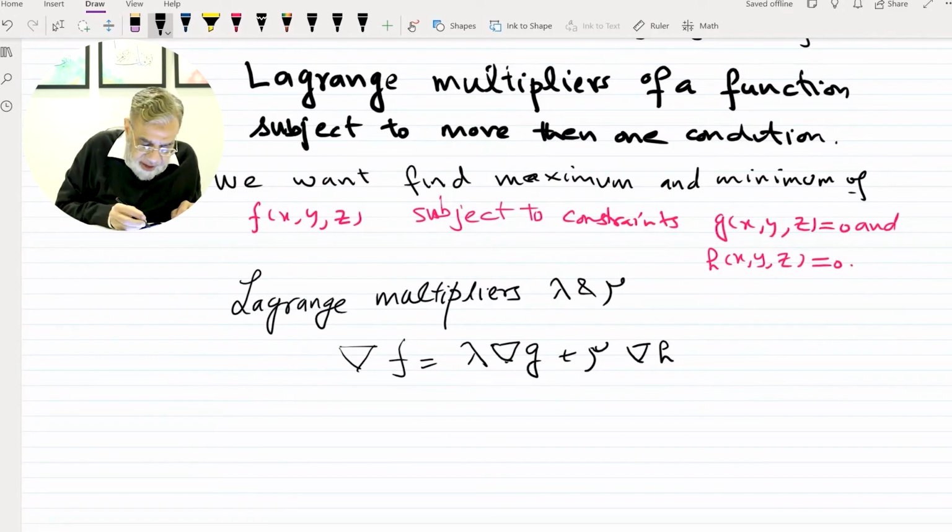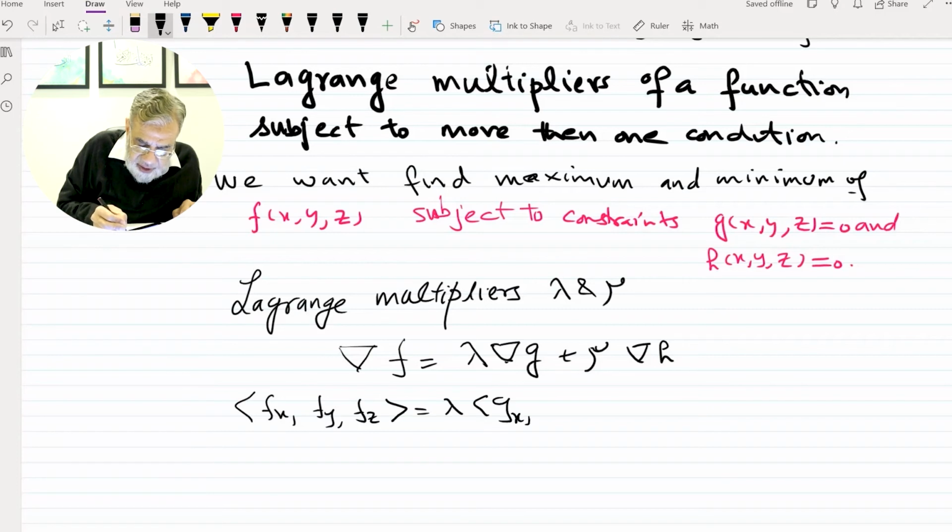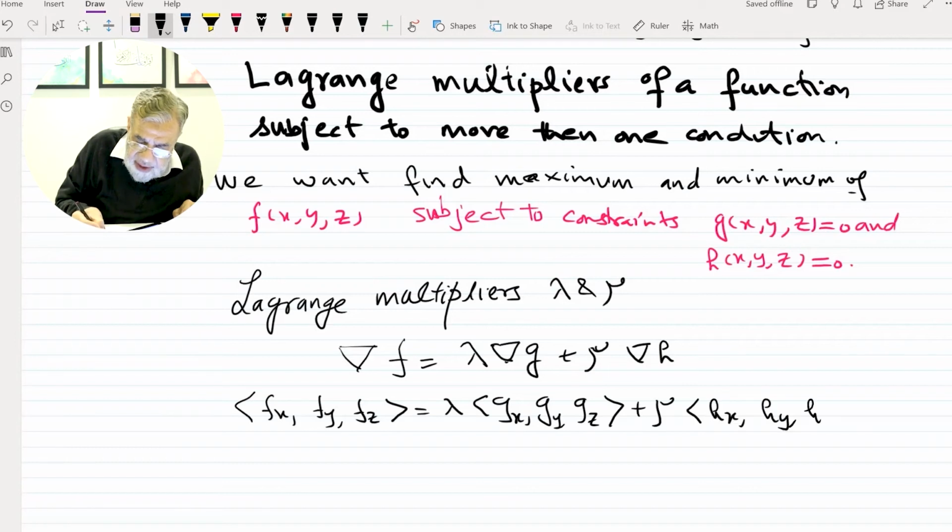Now the gradient of f is f of x, f of y, f of z, and it equals lambda times the gradient of g, that's g of x, g of y, and g of z, plus mu times h of x, h of y, and h of z.